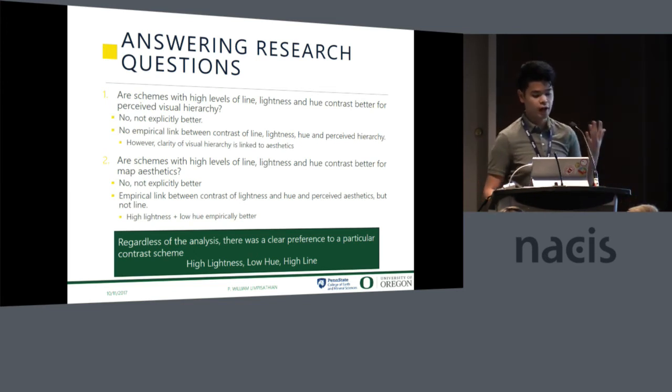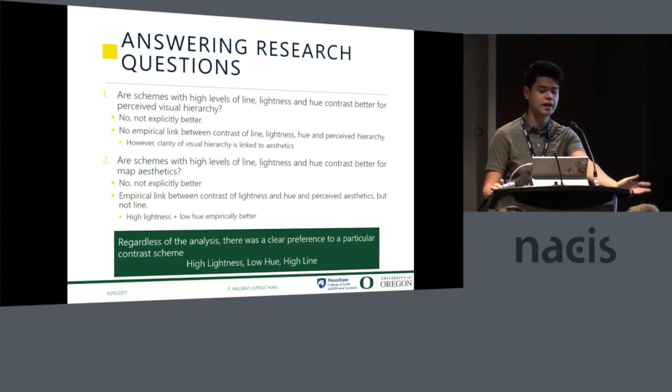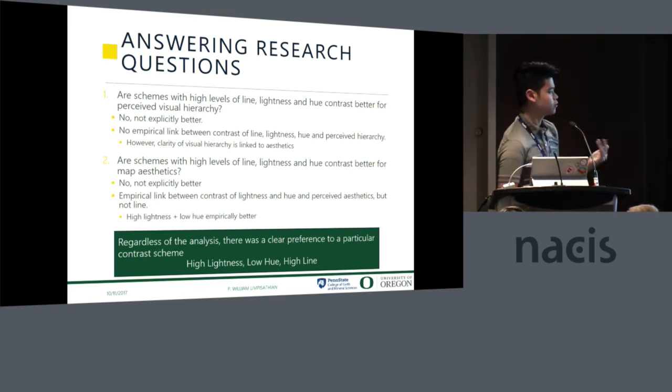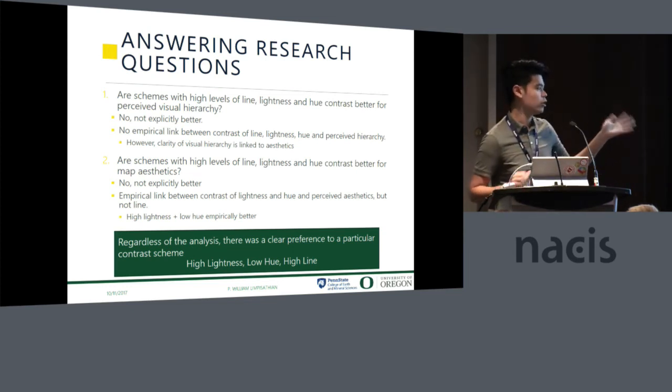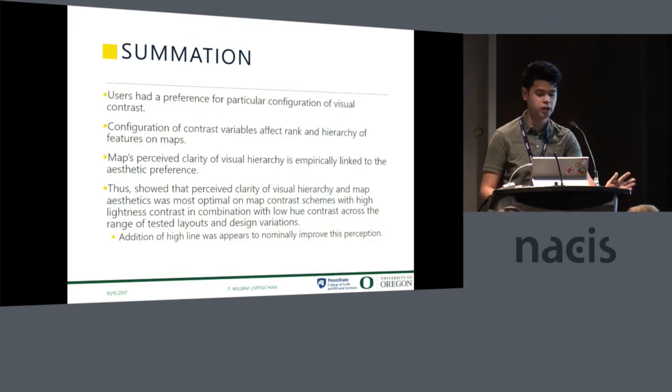The second question: is the same level of contrast better for map aesthetic? Again, no, it wasn't, but it did show that the combination of high lightness with low hue was better. Again, regardless of the analysis, there was a clear preference in what the user preferred in terms of this contrast configuration.